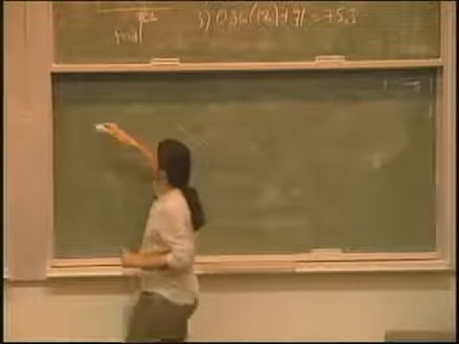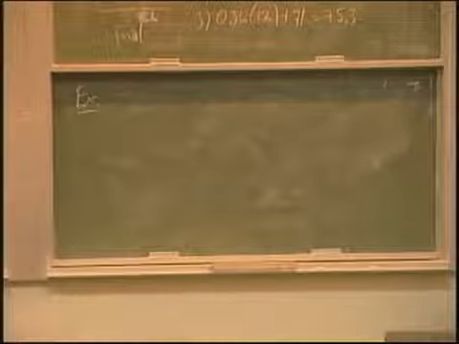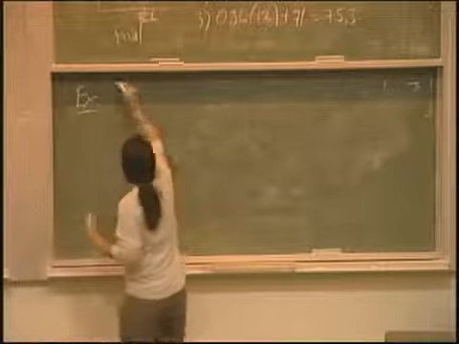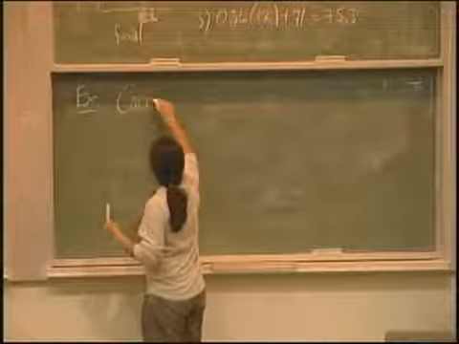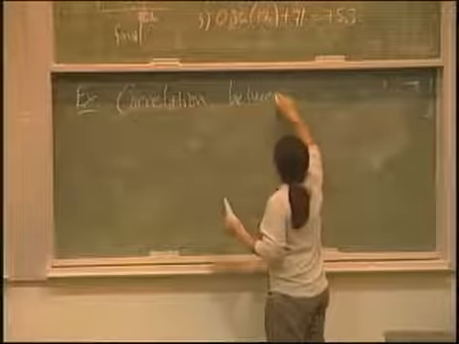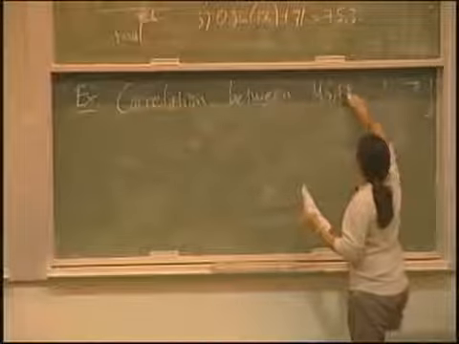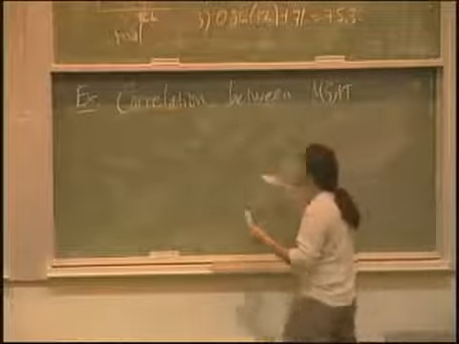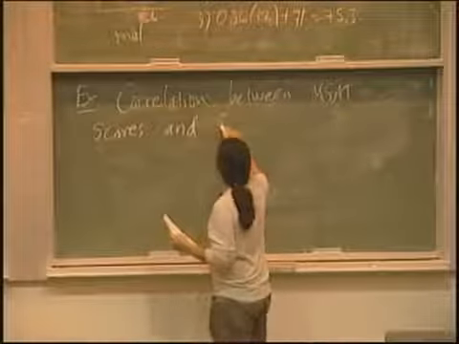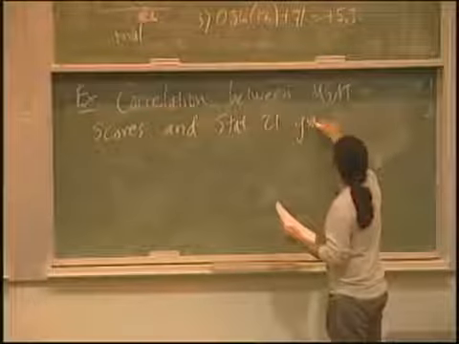Okay. So I want to do a different example. Suppose we have this information that the correlation between math SAT scores and Stat 21 grades.